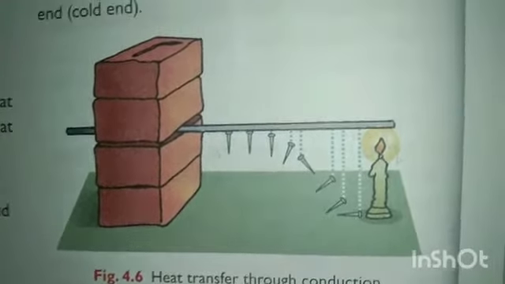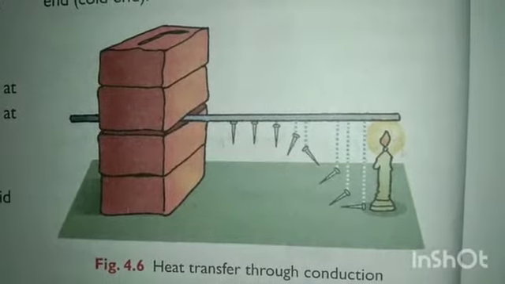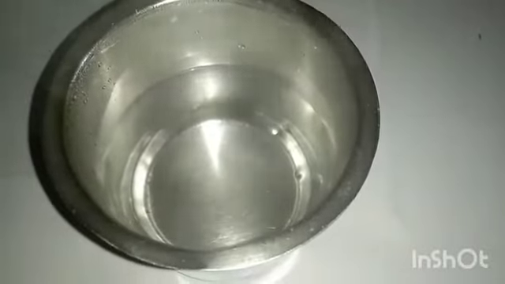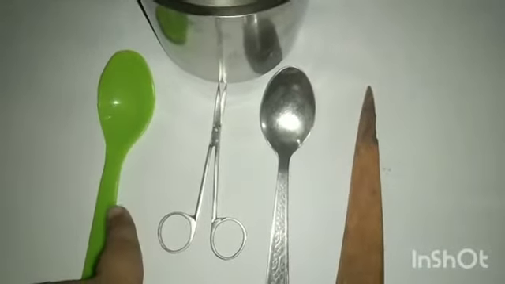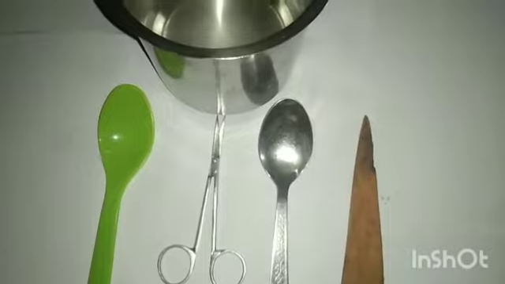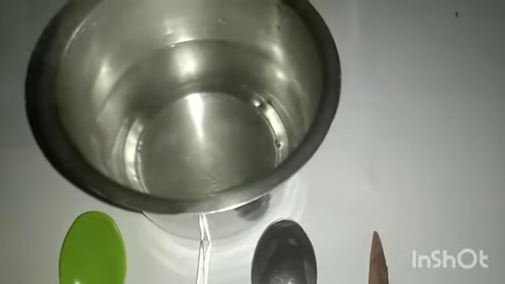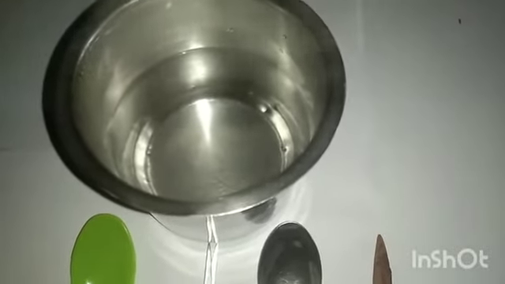So let us see one more activity. Students, for this activity I have taken some materials like a scissor, a spoon, a piece of wood and a plastic spoon. Since I can't show you boiling water, I have taken hot water.